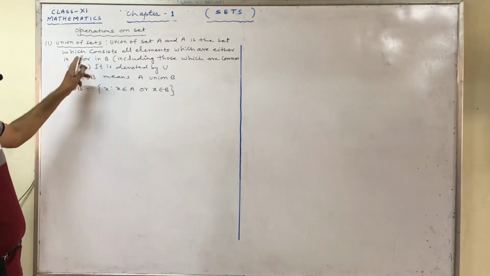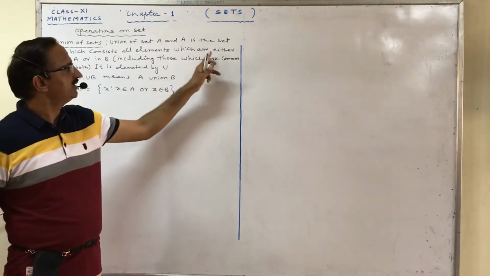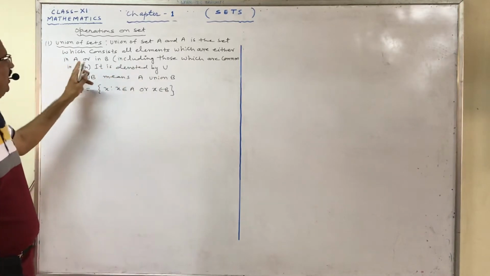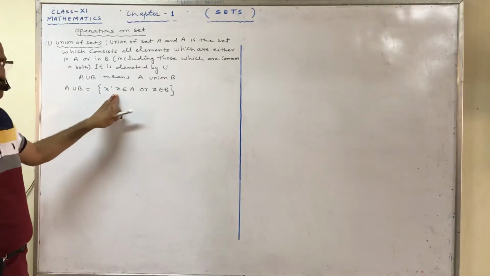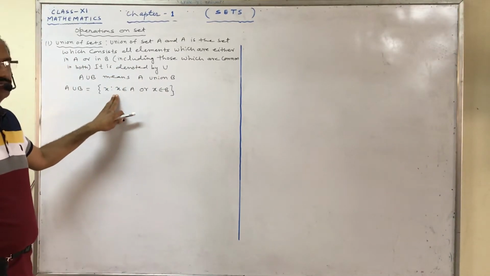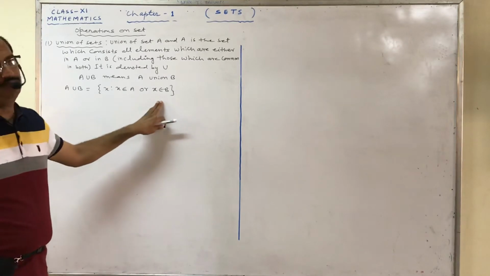From the definition also it is clear, x is an element which belongs either to A or to B.